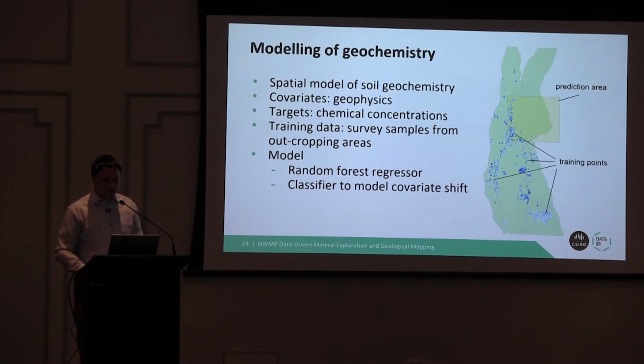The last example that I'm going to show you is basically trying to go away a little bit from the traditional prospectivity that we do, and try to use real data, or more data, because we can use, for example, the soil geochemistry and try to create a regression of these concentrations over a larger area.